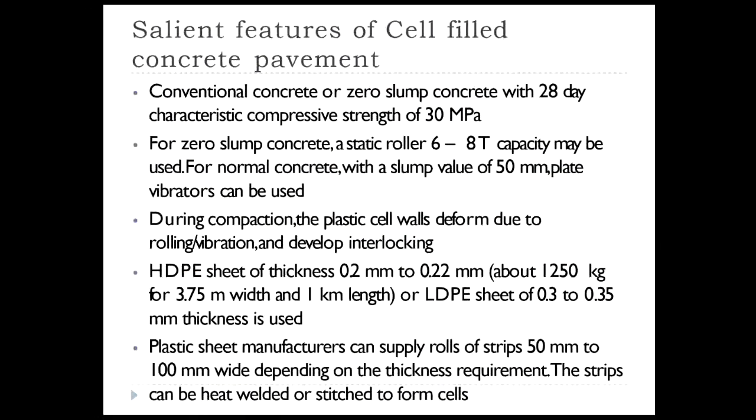Now, coming to the construction part, you can use conventional concrete, or you can go for zero slump concrete with a characteristic compressive strength of 30 MPa. You can even go for higher strength concrete, even M40 concrete.